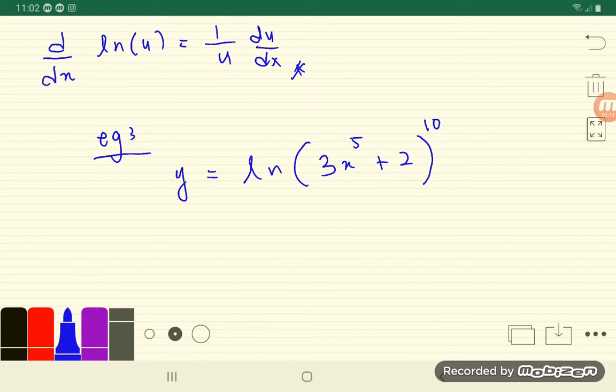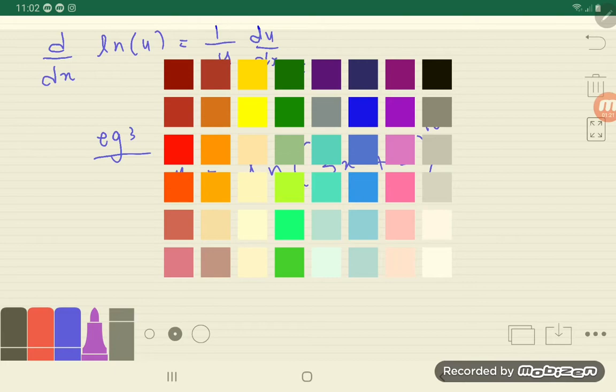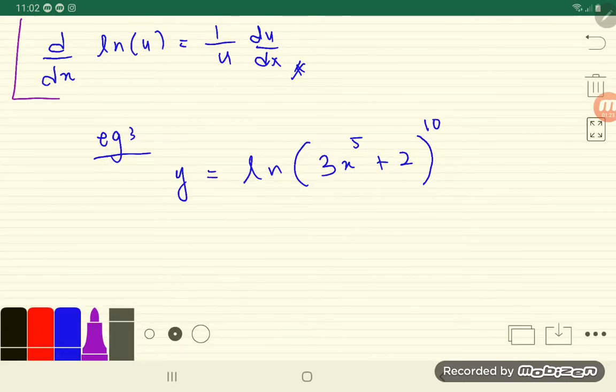Actually, in order for you to answer this kind of question, we have two methods, but here let us try to stick with one method, which is we are going to utilize this formula again.